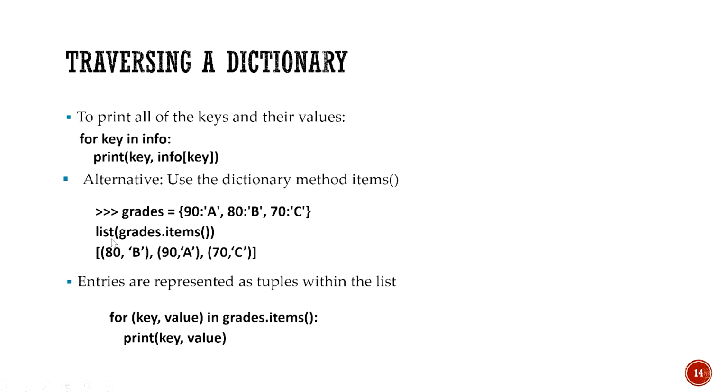If you remember, we can use the list method to make everything a list. So we expect to see a square bracket because now it's a list, and also the pair of keys and their values.